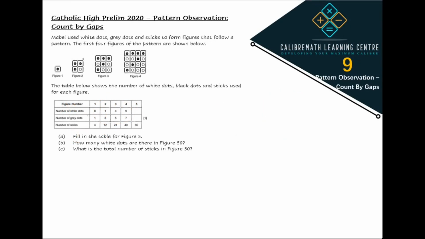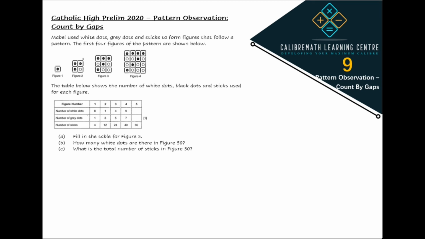Now for the second last strategy, we have a pattern question that uses the strategy of counting by gaps. So this is an example of a question that appeared in the Catholic High Prelim paper in 2020. I have taught you a total of 3 strategies for pattern observation questions.